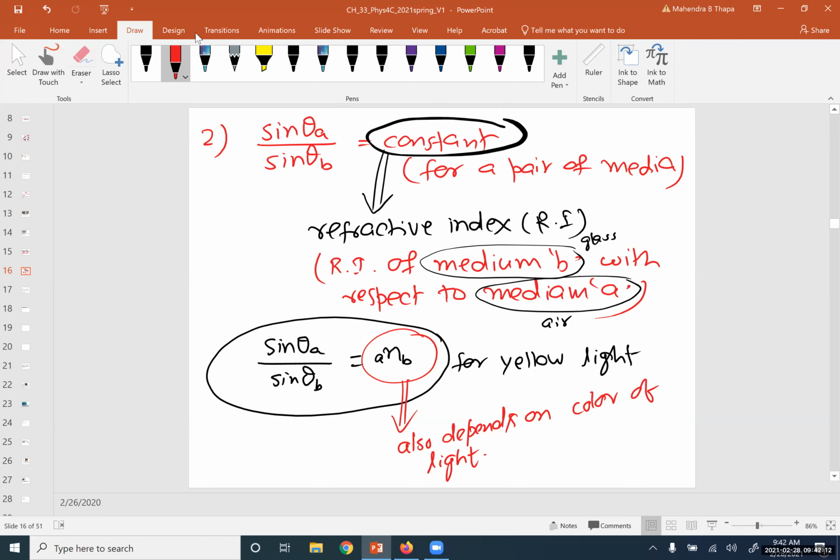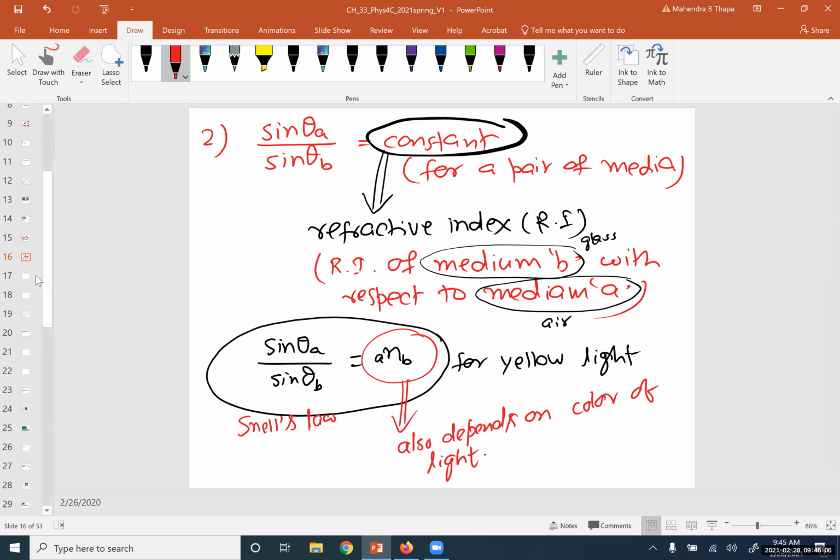Okay, let's do some math. Before that, this law is also called Snell's law. Let's move forward.